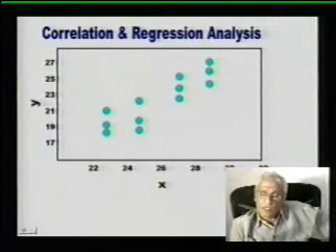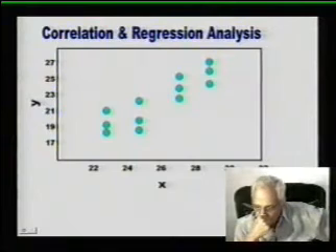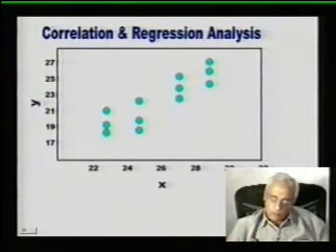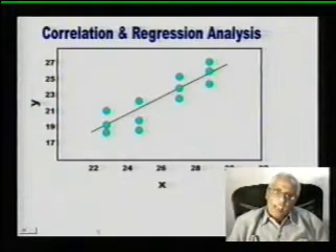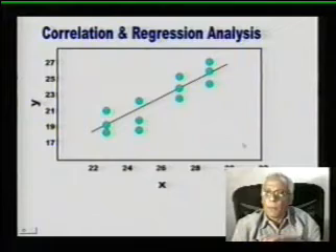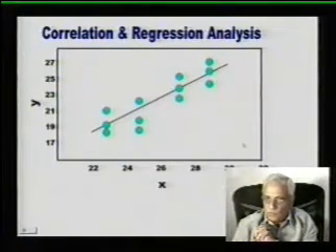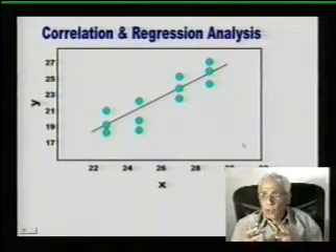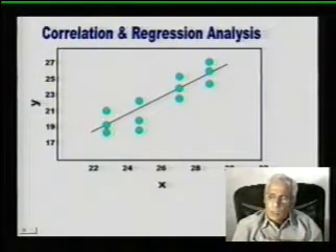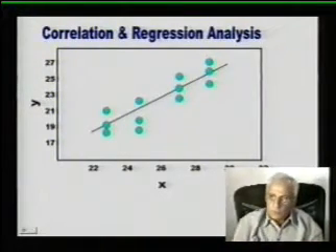Correlation and regression analysis deal with variability, deal with the real world, deal with the scatter of the data. When I have a scatter like that, I tend to think about the best fit. So correlation or regression analysis still deal with curve fitting, but with a great deal of scatter.